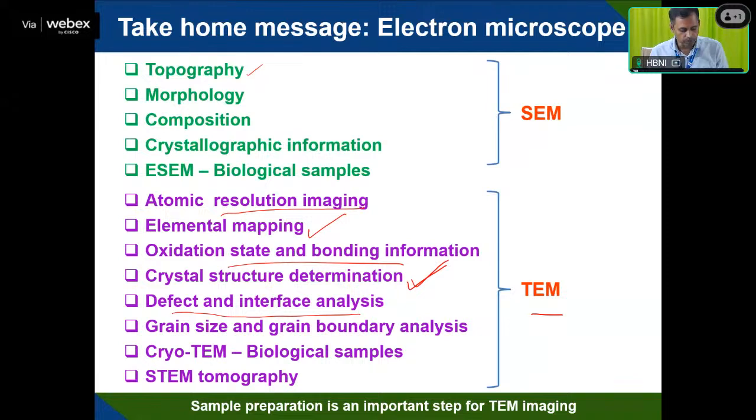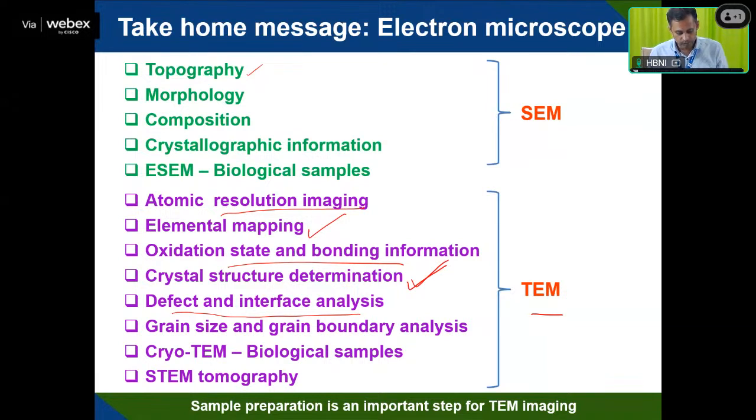For biological samples, you can use cryo-TEM to see the internal features. We can also use scanning transmission electron microscopy to get tomographic information, the core-shell structure. All those things you can get using TEM.